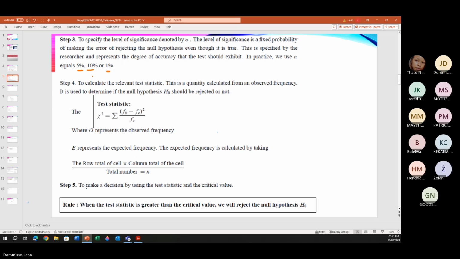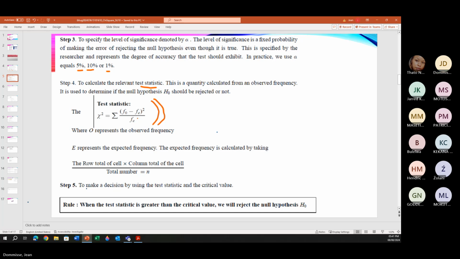Then the other thing is that, like with the previous work, where we worked out a test statistic for your T or for your Z, the same applies here. There is going to be a test statistic, but we work it out a bit differently. I will show you in one of the examples how we are going to do it, but for now we just remember the formula.